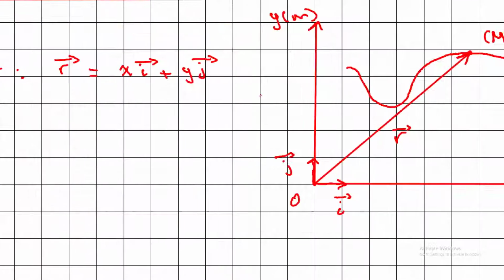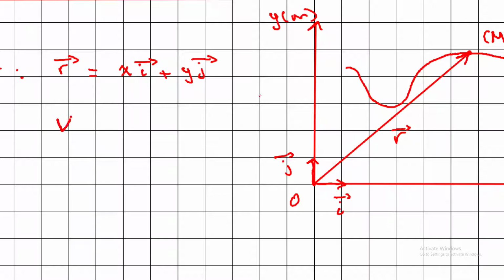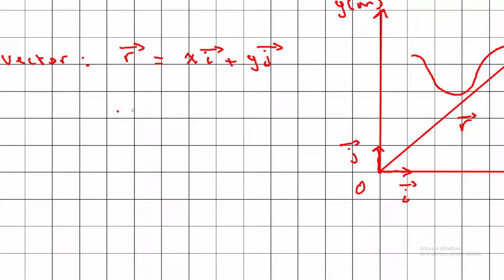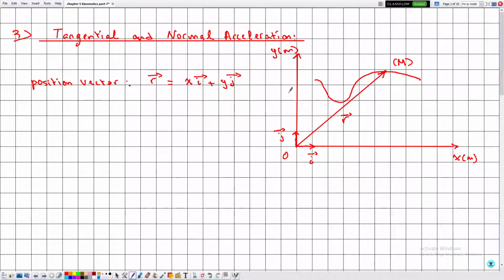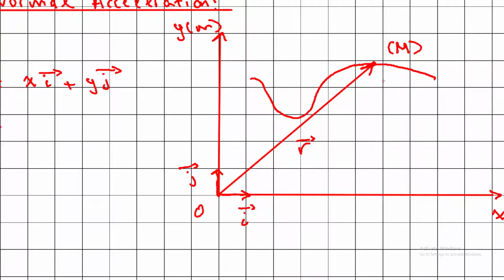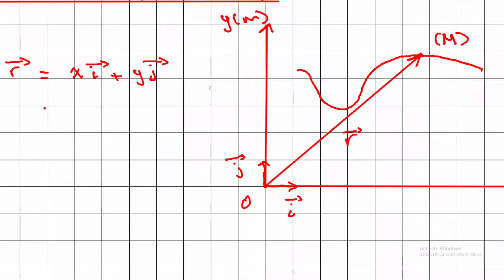So let me recall that given any vector, say for example the vector a, which is written as axi plus ayj, then its magnitude a is given by the square root of ax squared plus ay squared. So whenever we need to determine the magnitude of any vector, we can use this relation. So we are saying that r is equal to the square root of x squared plus y squared, and this is trivial.